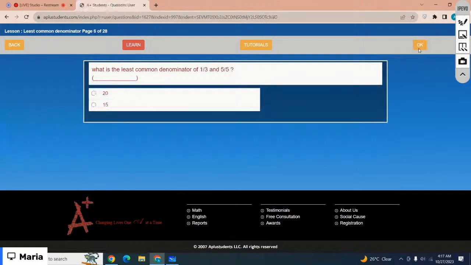Okay, what is the least common denominator of 1 by 3 and 5 by 5, which is the correct option? Yes, the correct option is 15. The least common denominator is 15.